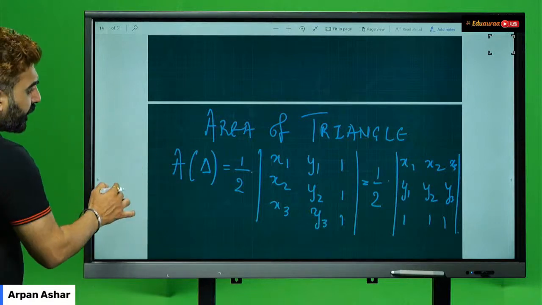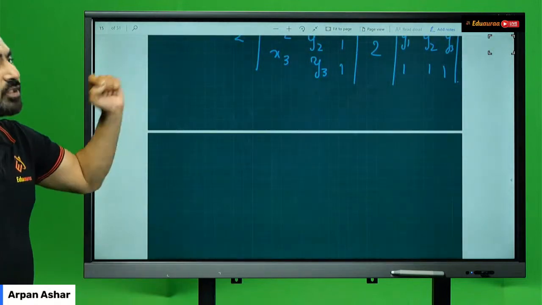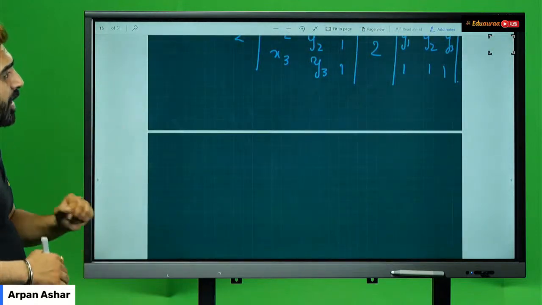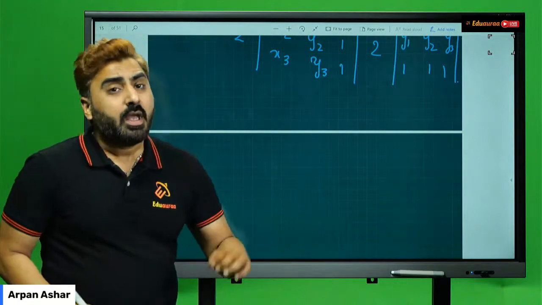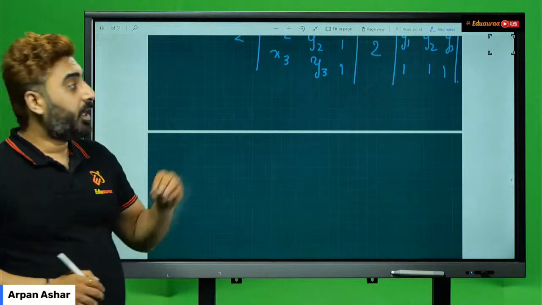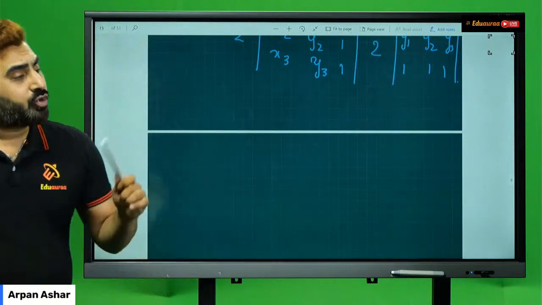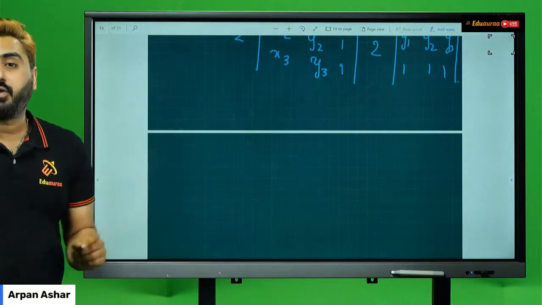Now students, that was the formula. Now there is one condition. There are chances that you might get the area of the triangle as a negative answer, but area cannot be negative, so we always consider the positive value.